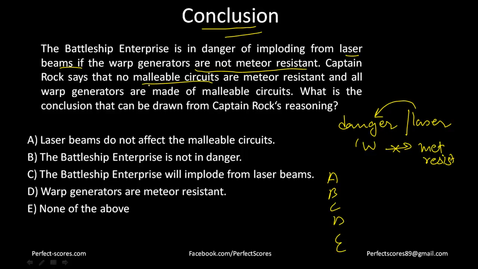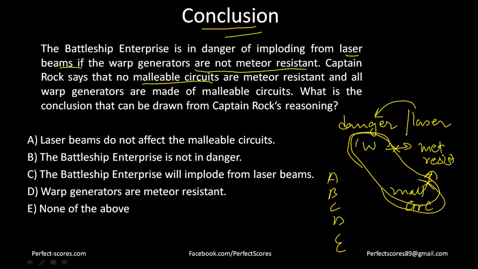Captain Rock says no malleable circuits are meteor resistant. So the malleable circuits are also not meteor resistant. All warp generators are made of malleable circuits. That basically equates both of these, that all the warp generators are basically made of malleable circuits. They are not meteor resistant. So in all this information, what is the conclusion?